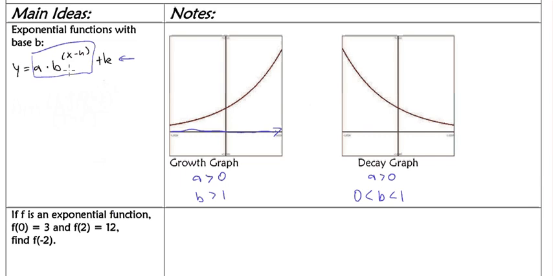All right, so let's be a little bit more explicit about that. h, what does h do? It controls the horizontal shift, whereas k, and actually in class a lot of times I'll change that to v, k changes your vertical shift.